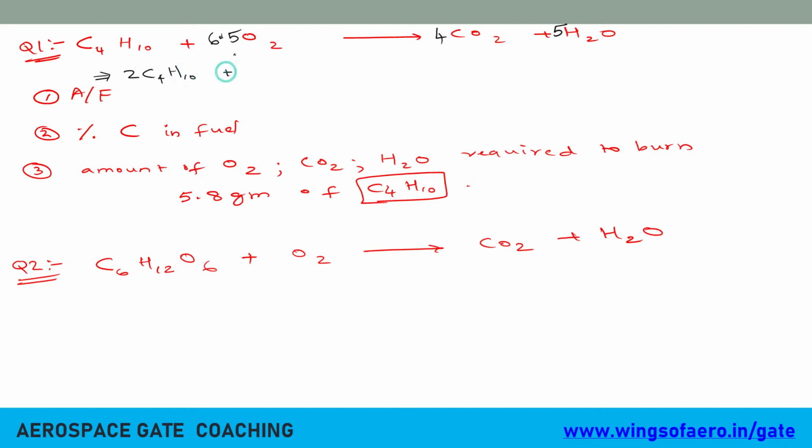2C4H10 plus 13O2. Then again I am multiplying CO2 by 2, plus we are having 10 H2O. Is it feasible right now? Is this equation completely balanced or not?